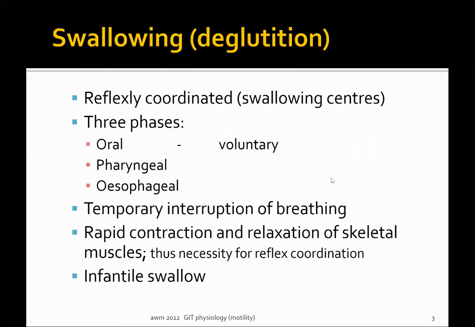After we chew, normally we swallow, okay? So deglutition. Deglutition is the technical term for swallowing. This is also a process that is reflexly coordinated by the swallowing centers in the brain. And why it is reflexly coordinated, let me say this before we actually look at the slide, is because the pharynx is a common chamber for the respiratory system and the digestive system.